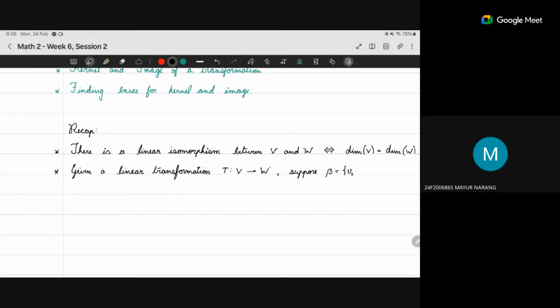I just write this out explicitly because at the end of the session it was kind of rushed.